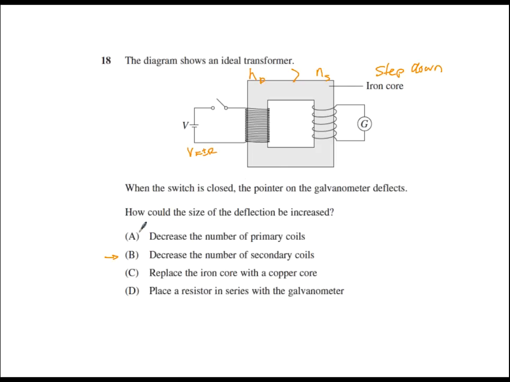So the actual answer is A. It's not the best question, and it seems a little bit contradictory, but because reducing the number of coils here increases the current, you're going to have a better answer by having A instead of B.